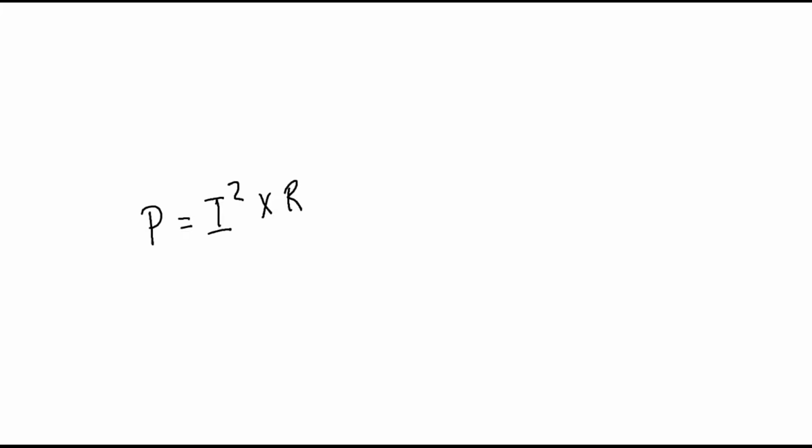Ohms, resistance, measured in ohms. So in I squared R, P equals power, I is equal to amps, and R is ohms or resistance.